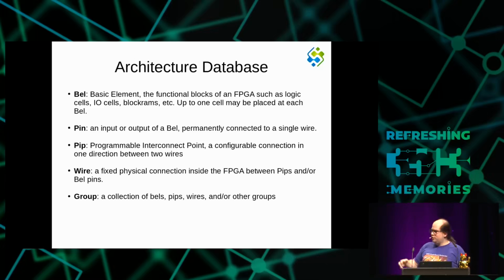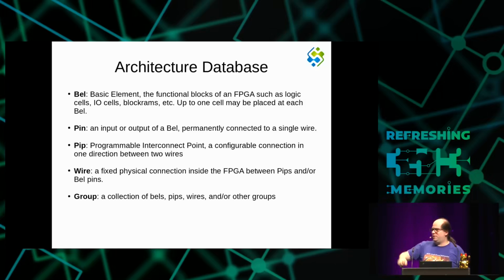And similar to the ports on the cells, we have pins on bells. Then we have wires that make up the interconnect of the chip. And we have ways of connecting those wires together in a very dynamic fashion. And those things are called PIPs, programmable interconnect points.